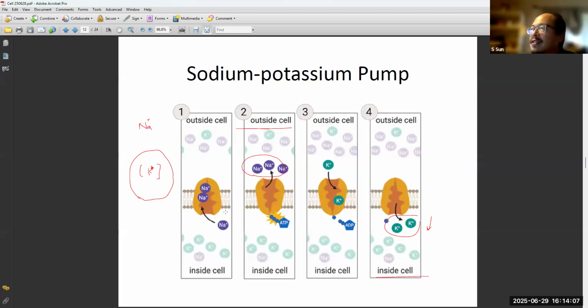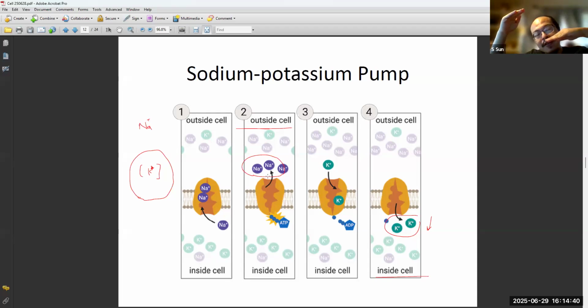Second thing is that sodium and potassium are positively charged ions. So you have more positive charge to push out, and you only push in less positively charged ions. So you have 3 out, 2 in, 3 out, 2 in.